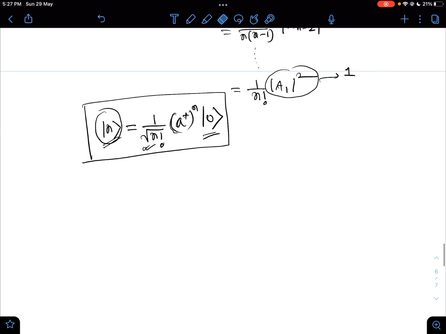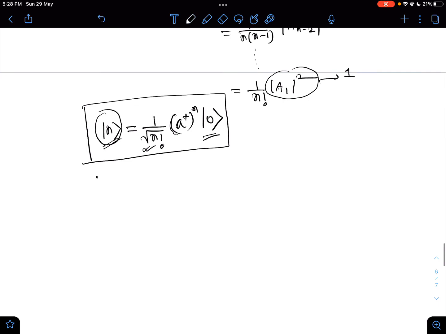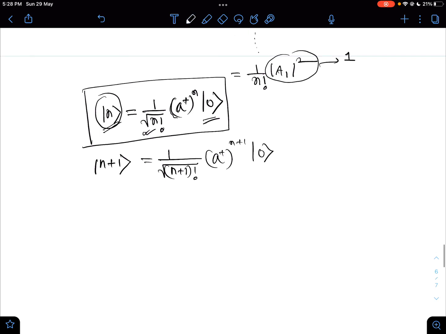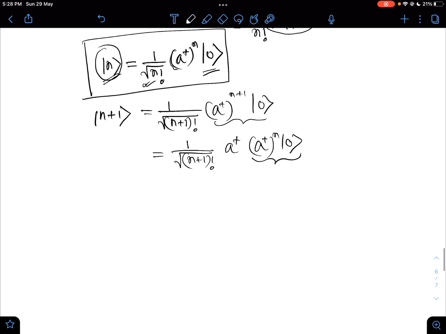Now we can write |n+1> as 1 by root (n+1) factorial (a†)^{n+1} acting on |0>. So how can we write this term? We can write this as a† on |n>, which we have already calculated. So what is this value?